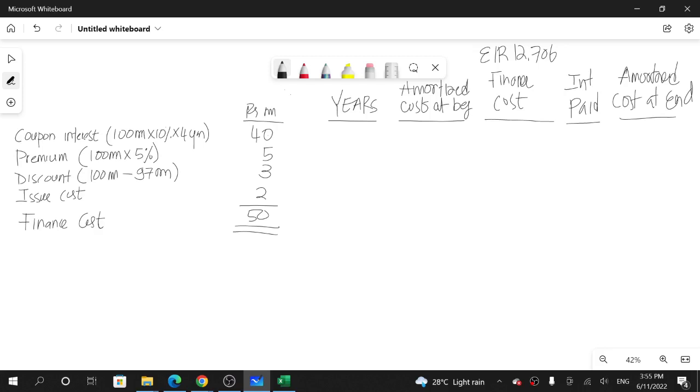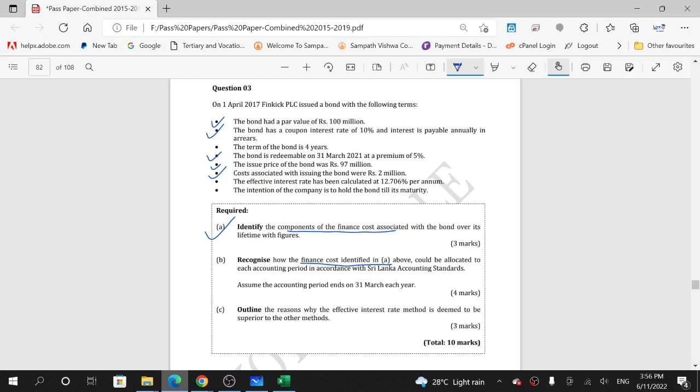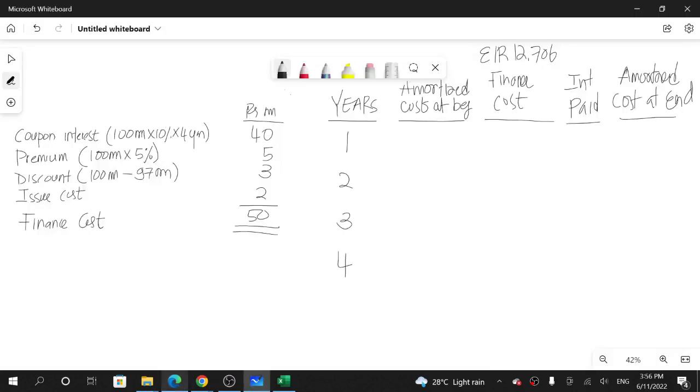Right. So we know how we should recognize initially. Initially, you have to recognize at fair value. So fair value is 97, but there's an issue cost of 2. So you take 97 minus... because we receive cash of 97 because we have issued a bond, and we have expensed 2 million.